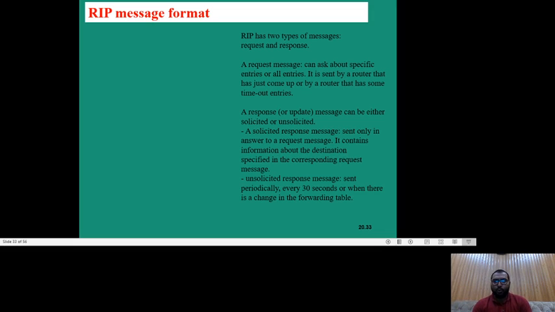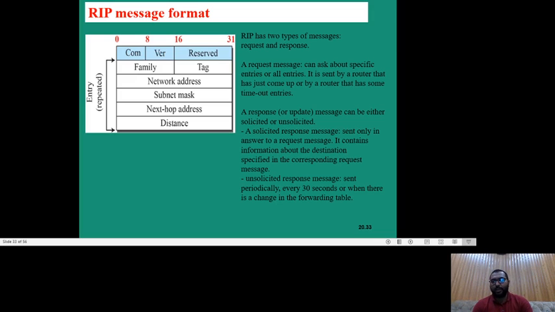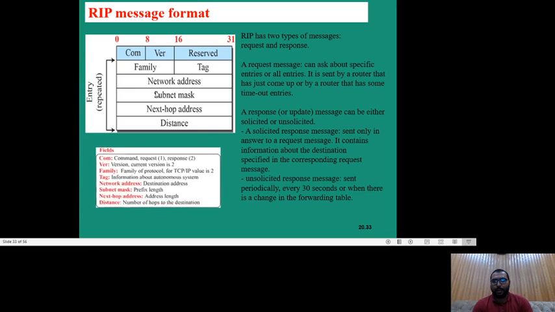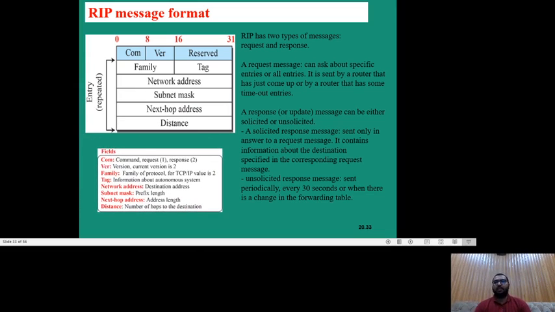Now let's see the message format of this particular protocol, the RIP, Routing Information Protocol, message format. You see different fields. The command means either that the message is sent to gather information, as a request, or it can be a response if that request was sent.